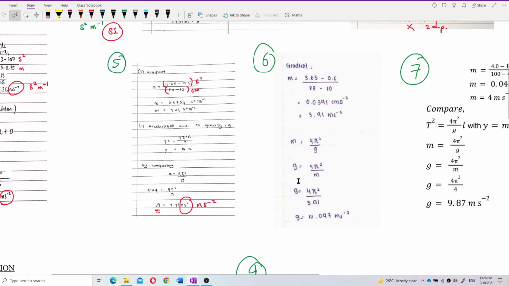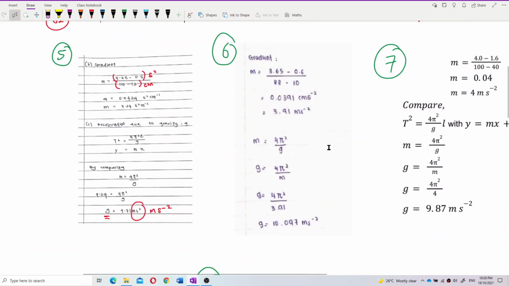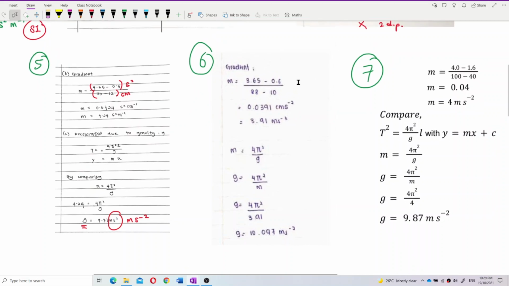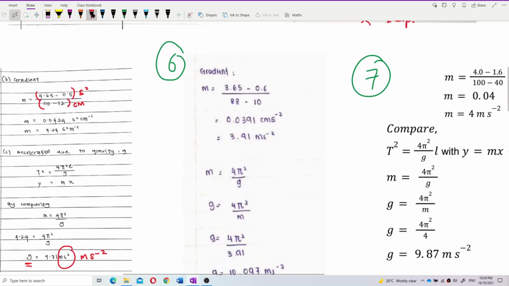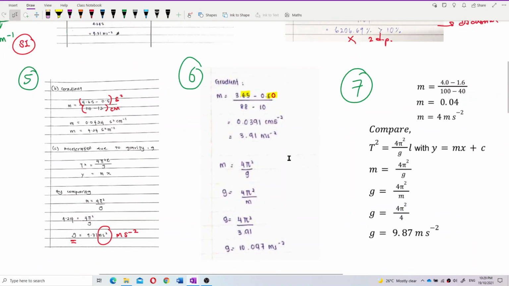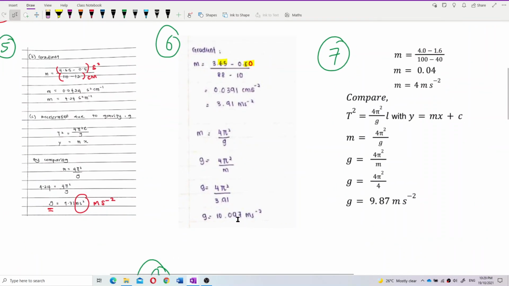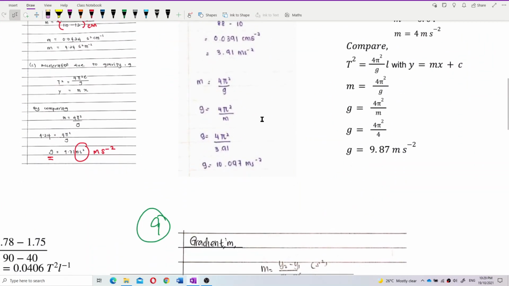Next. How about this one? This one also needs consistent decimal points. Put like this, 0, like that. Must be consistent, 2 decimal points. Next. This one also 2 decimal points only.